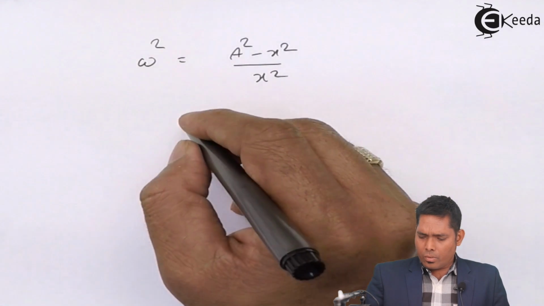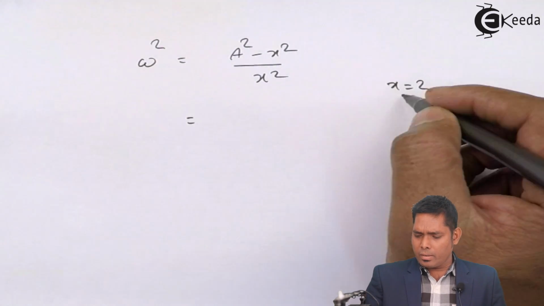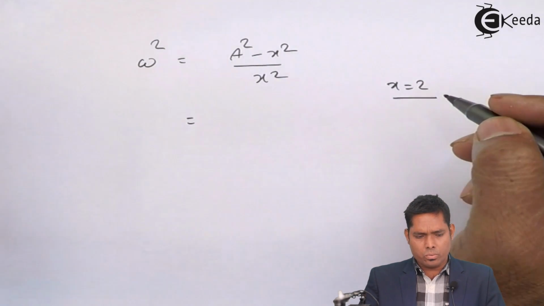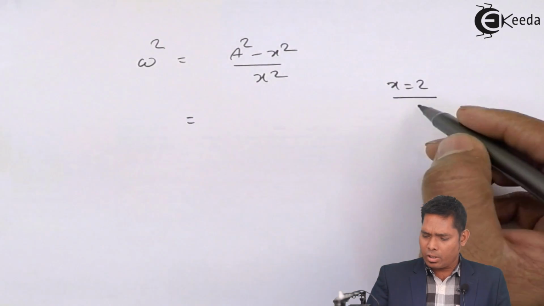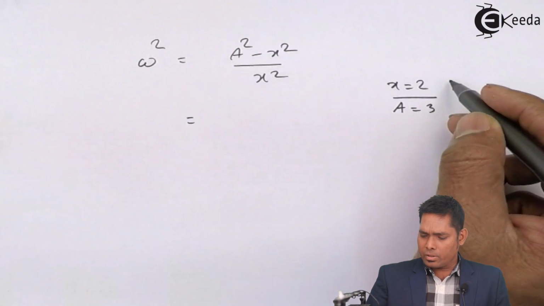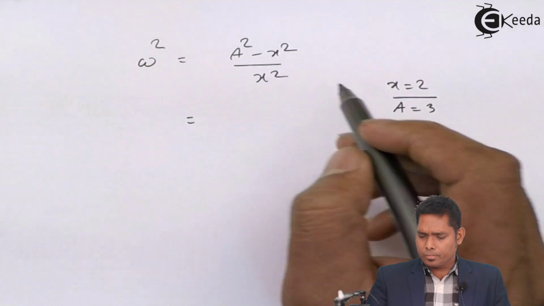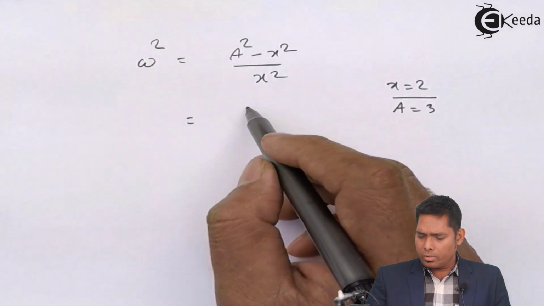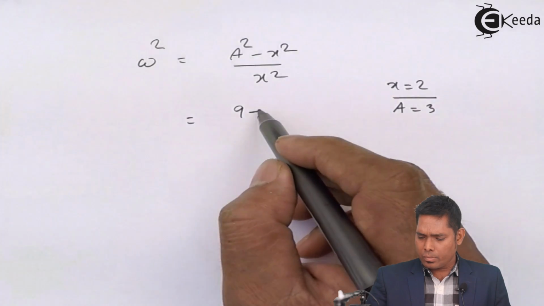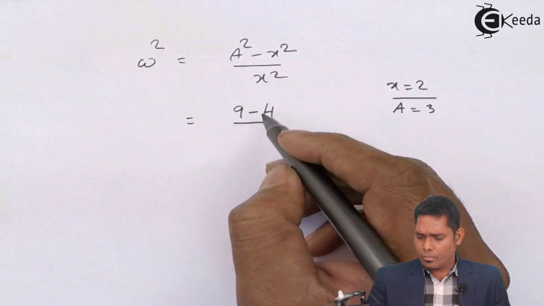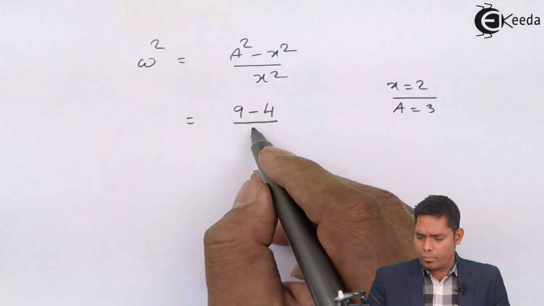Where x is 2 given, and a is 3 in centimeter, so the units will cancel out. This is 3 square, 9, minus 4, divided by 2 square, 4.